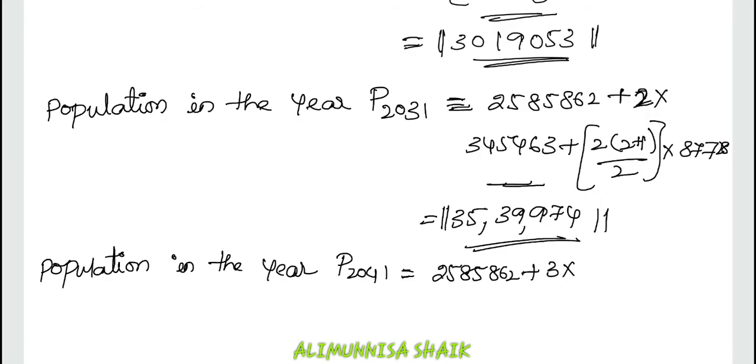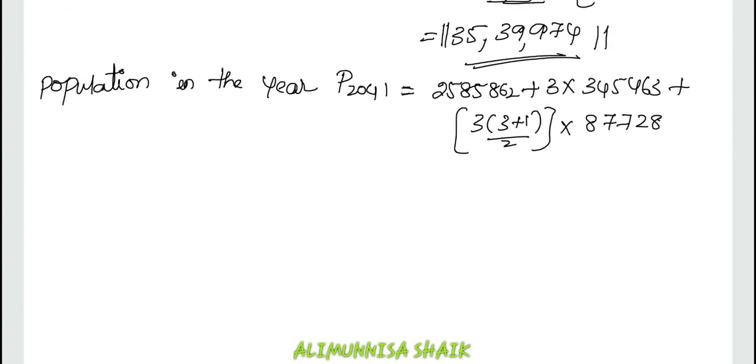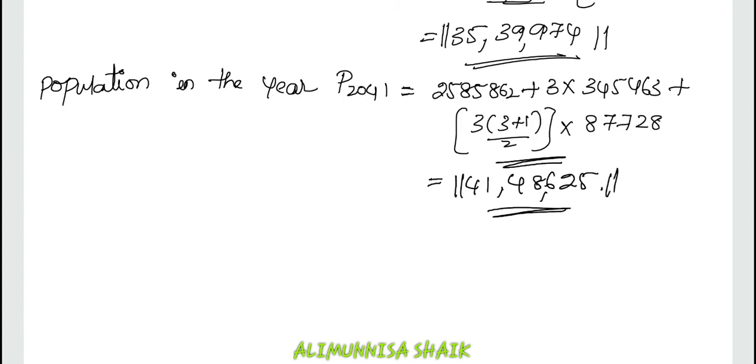So I am taking it as 3 into 345463 plus 3 into 3 plus 1 by 2 into 87728. So after calculating all the terms, we will be getting the answer as 41,48,625. So this is going to be the population during the year 2041.